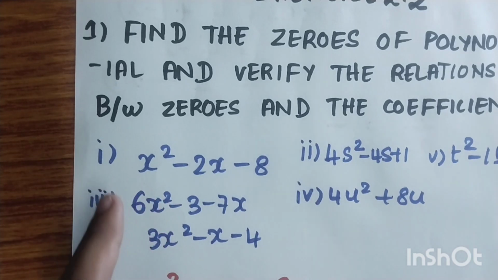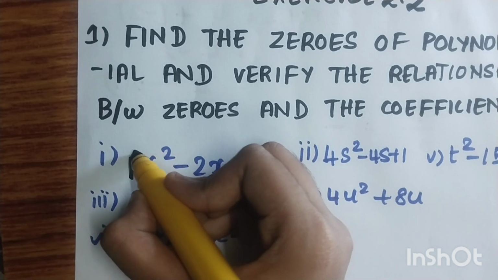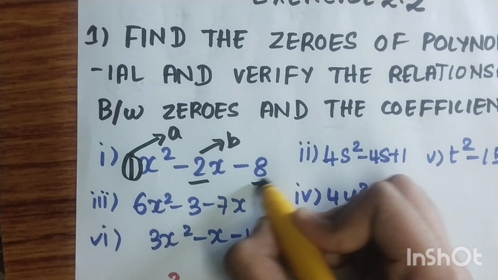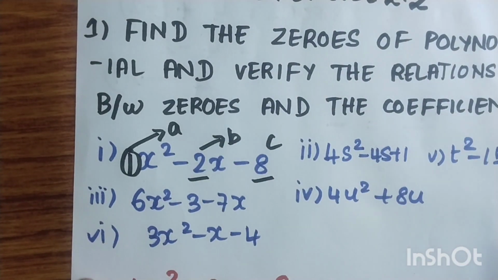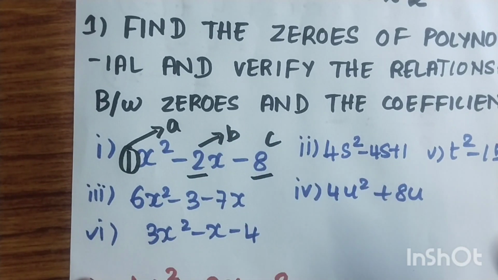Now the RHS side is minus b by a, as in my formula. So what is my b here? This is a, this is b, this is c. The coefficient of the x square term is a, the coefficient of the x term is b, and the constant is c.